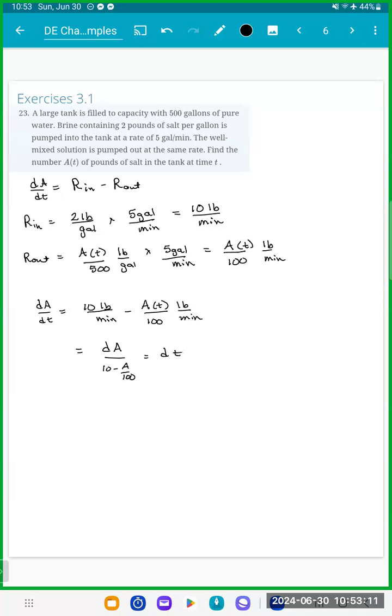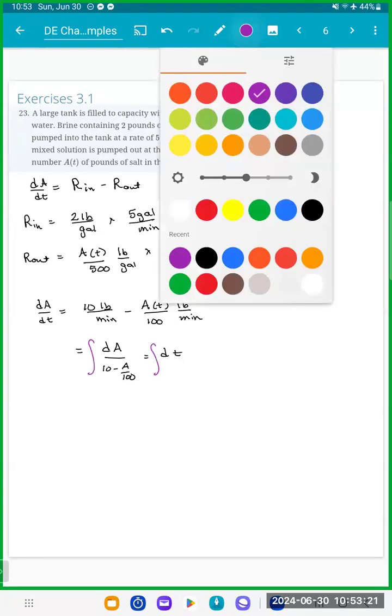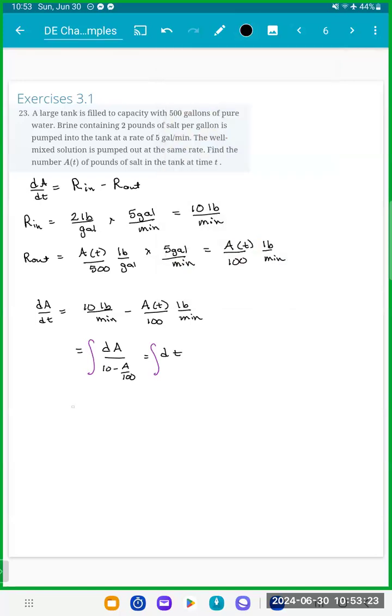We're just separating our variables. We want to integrate this, right? So we could take the integral of both sides. And this is going to give me ln of 10 minus A over 100 equals negative 0.01 t plus ln of c.